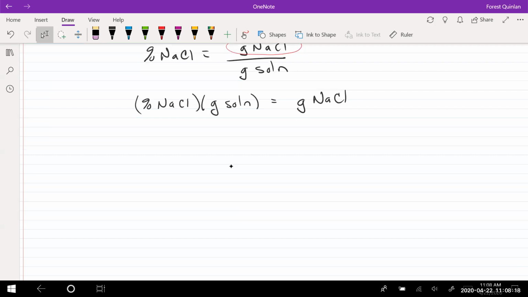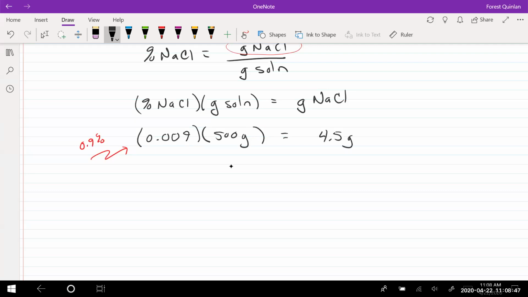And it should be noted that the percent is actually a decimal, so it's 0.009. Right, percent is decimal. This is your 0.9%. We just move that decimal back a couple of places. Multiply that by the 500 grams of solution. And that will give us 4.5 grams of NaCl in the saline drip.